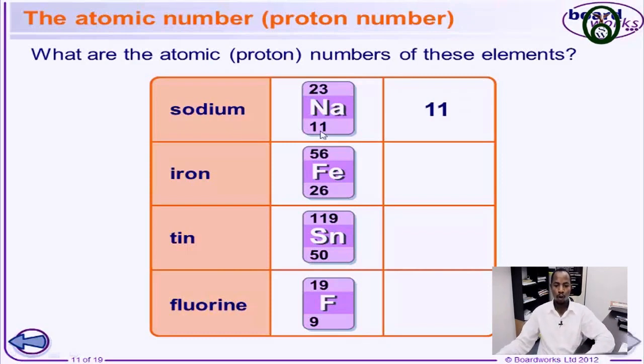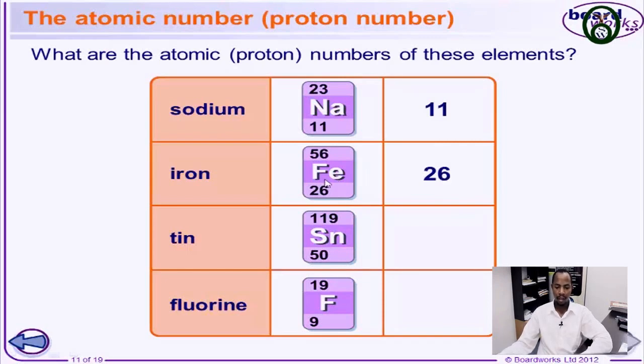Now, for sodium, symbol Na, natrium, derived from the Latin name, the atomic number is 11. Why? Because the number of protons found in the nucleus of this sodium atom is 11. Now, what of iron? The number of protons found in the nucleus of the atom is 26. Therefore, the atomic number of iron is 26.